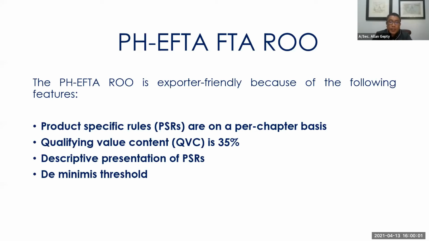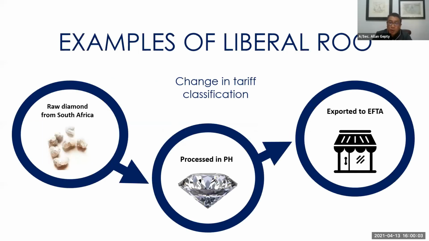So, for example, we can import raw diamond from South Africa, process it here in the Philippines, and then export the same to EFTA countries. In fact, for EFTA countries, this is, I would say, a promising market for high-value products of the country.